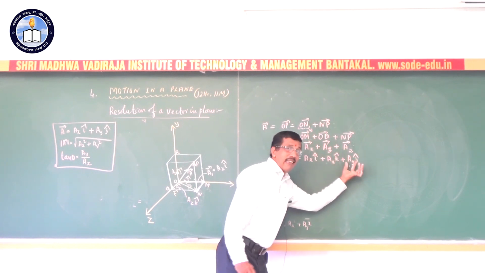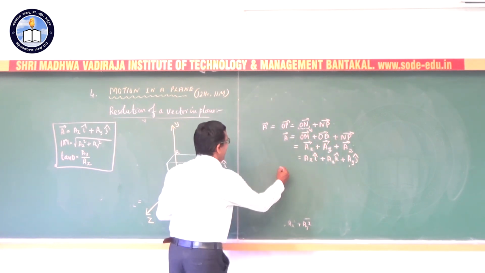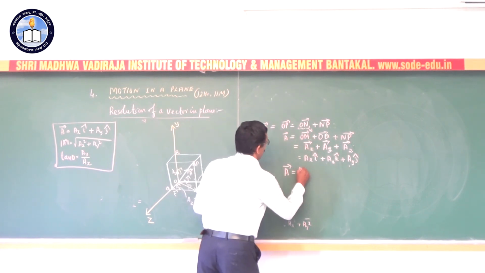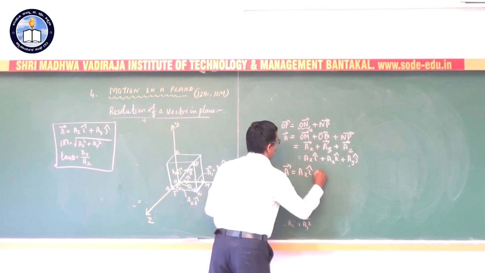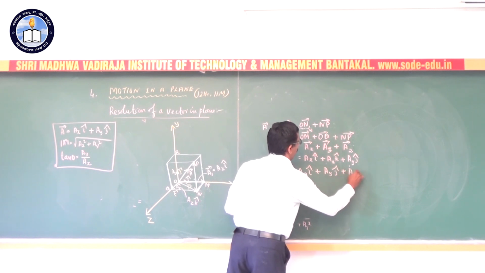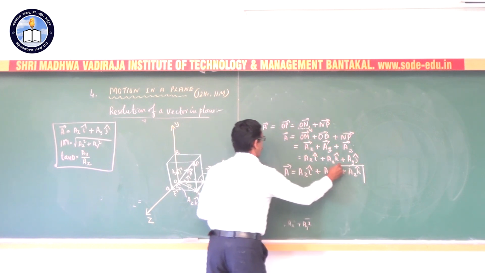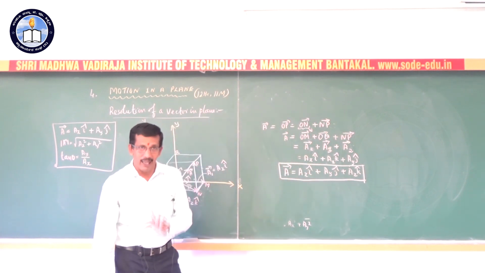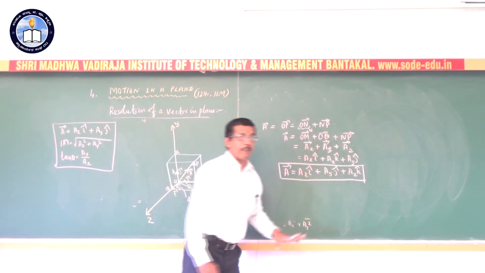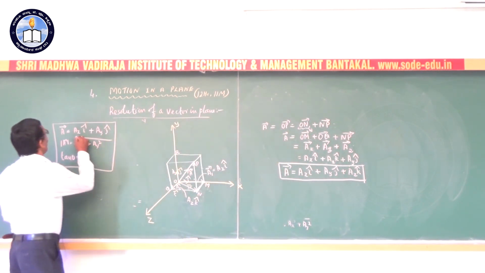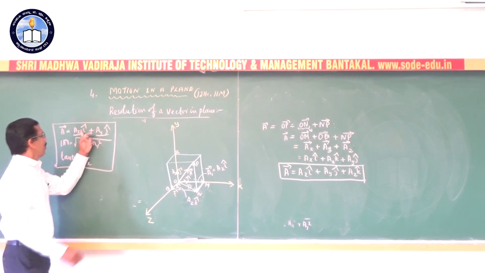Once again I repeat, see, vector A is AX into i cap plus AZ into k cap plus AY into j cap, or in general A can be written as: first write the X component, then the Y component, then the Z component. A is equal to AX into i cap plus AY into j cap plus AZ into k cap. Just you see, in 2 dimensions we have only 2 terms and 2 unit vectors.